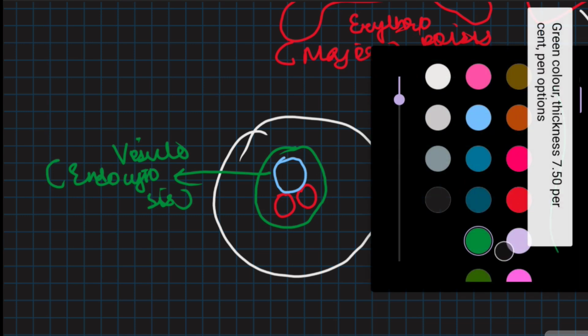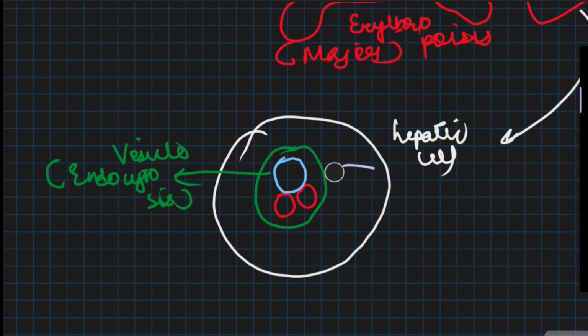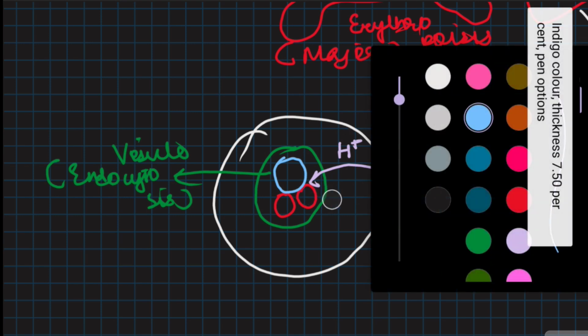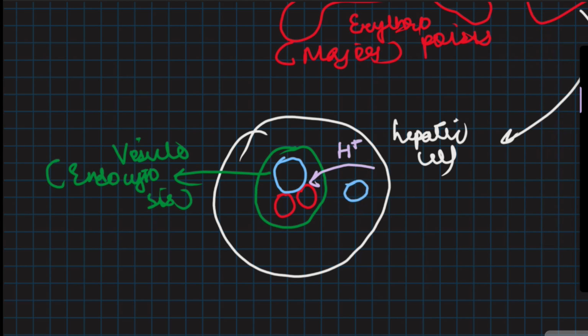Now what happens here? Let's say there is H plus ion entry in this vesicle. That means increased acidic nature. This will lead to detachment of transferrin and Fe plus 2 molecules. Now they are detached, all three are detached, and they have to get out of the cell now.